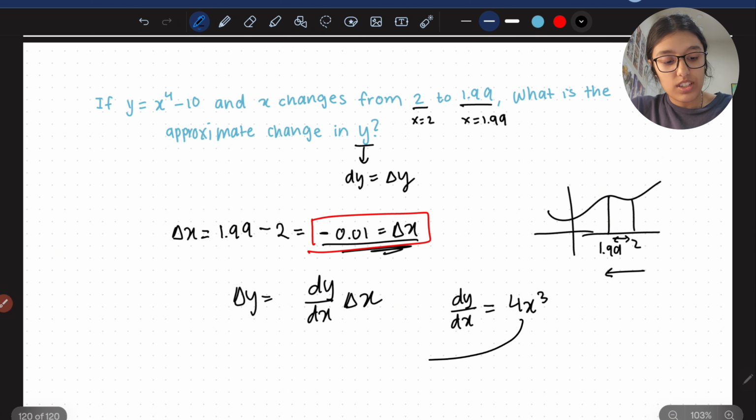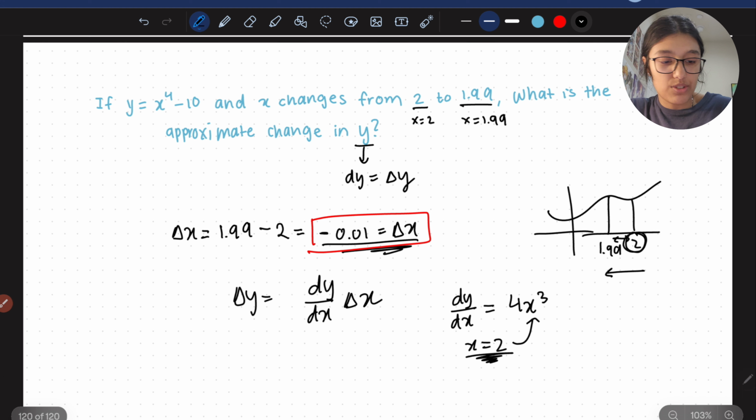But we're not just going to plug this in here. Don't do that yet. We actually need to find a value, because the moment we plug this in here, we're going to get something in terms of x, when we know in reality the delta y should be an actual number, right? So in this case, what we would do is substitute x is equal to 2 in here. This is basically that initial value we were talking about.